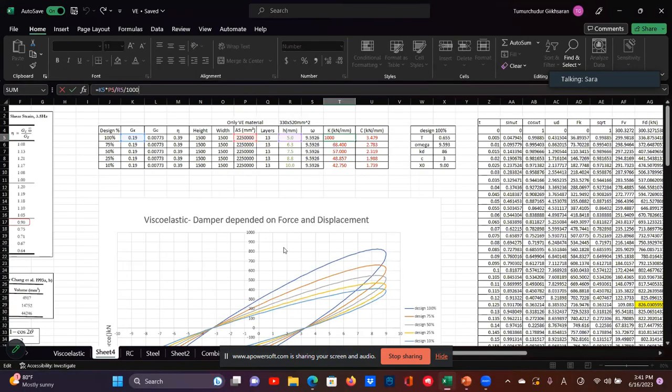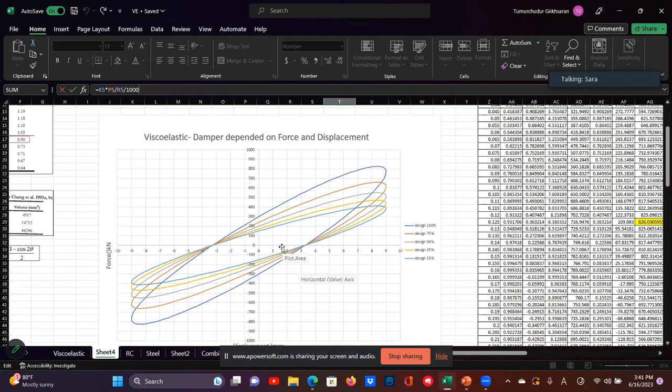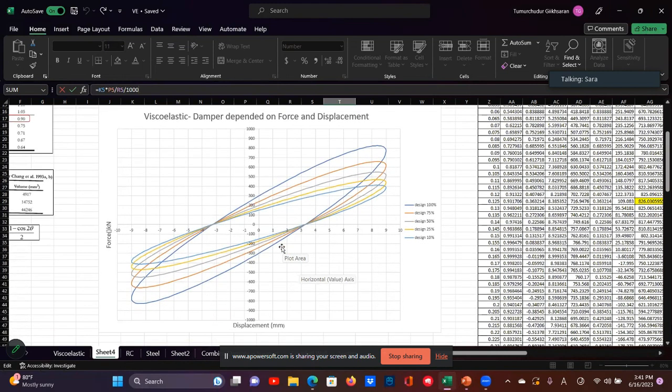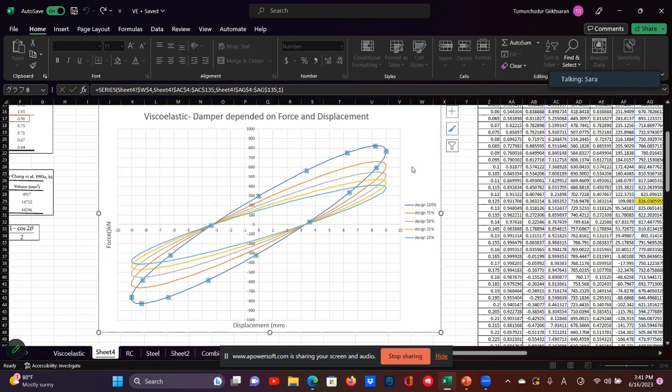From this, the graph describes the inclined ellipse as shown here. It depends on the force and displacement. The blue one is design 100.